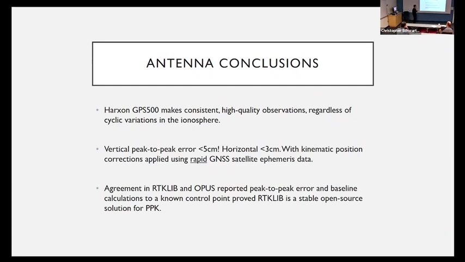And this was with kinematic position corrections applied using rapid ephemeris. If we had waited the 2 weeks for the precise ephemeris to be published, we may be able to reduce these errors even further. There was very good agreement in the results derived from RTKlib and Opus in both the peak-to-peak errors we saw throughout the experiment and the baseline calculations to the known control point, NHUN.